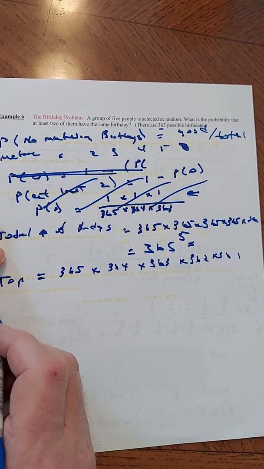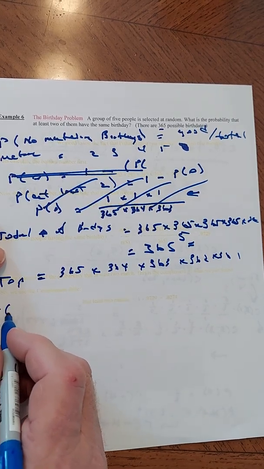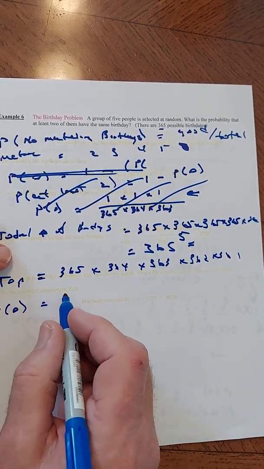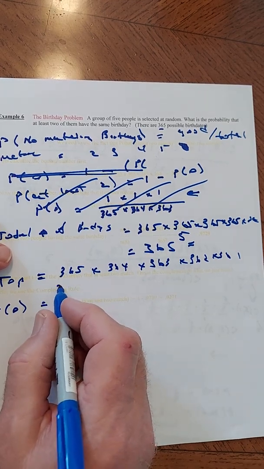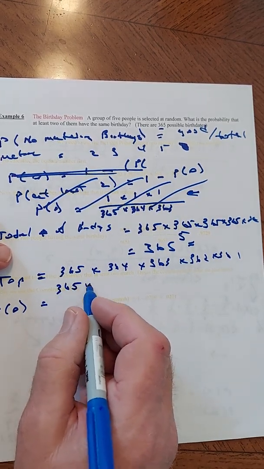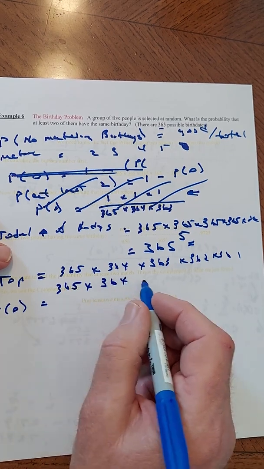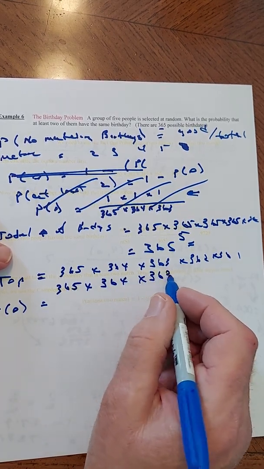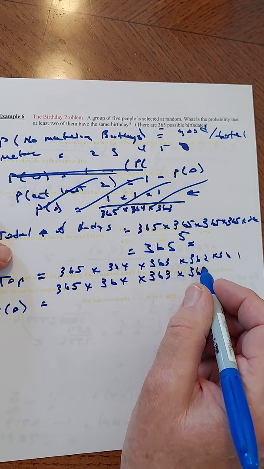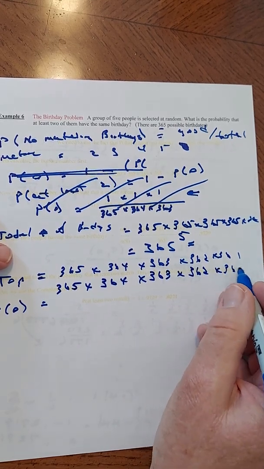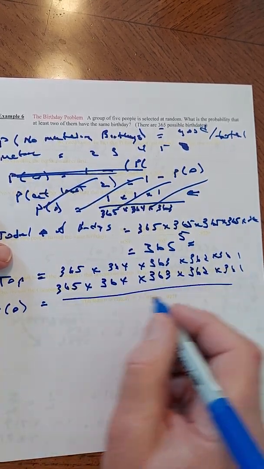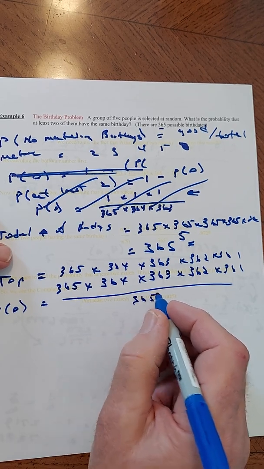So my probability of getting 0 would be equal to this number here, 365 times 364 times 363 times 362 times 361 over that 365 to the 5th.